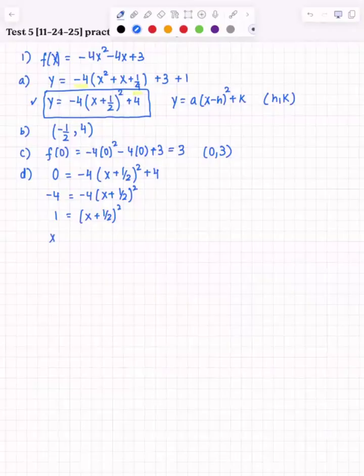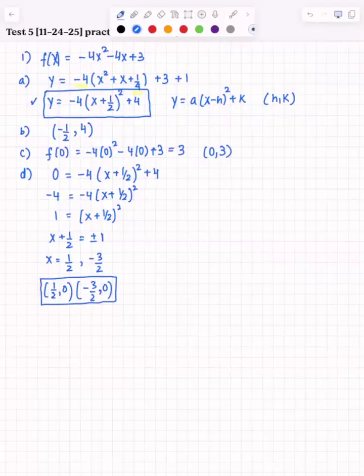So x plus 1/2 equals plus or minus 1. So x is equal to 1 minus a half, which is 1/2, or x is negative 1 minus a half, that is negative 3/2. So the x-intercepts are at 1/2, 0 and negative 3/2, 0.